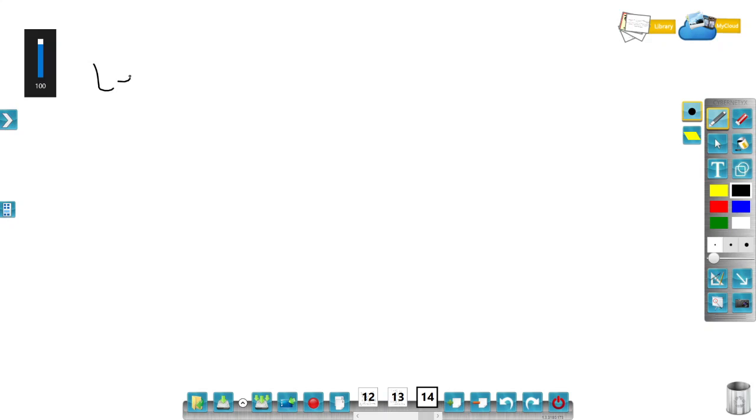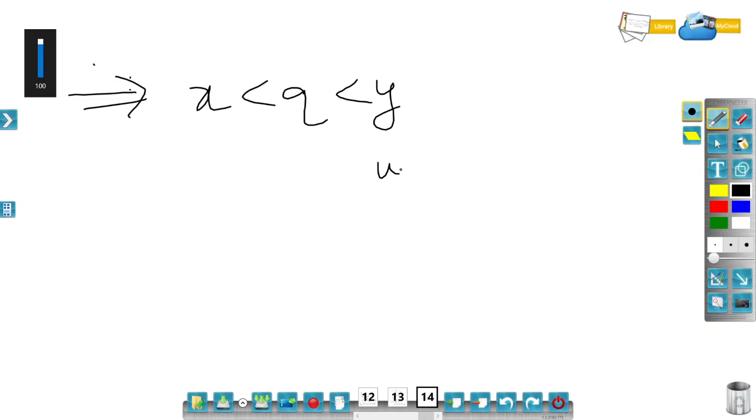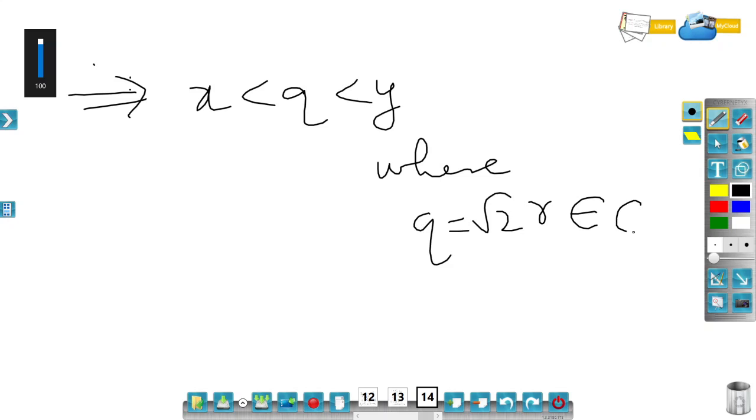So this implies x is less than q less than y, where q equals root 2 times r, which is irrational. Hence proved.